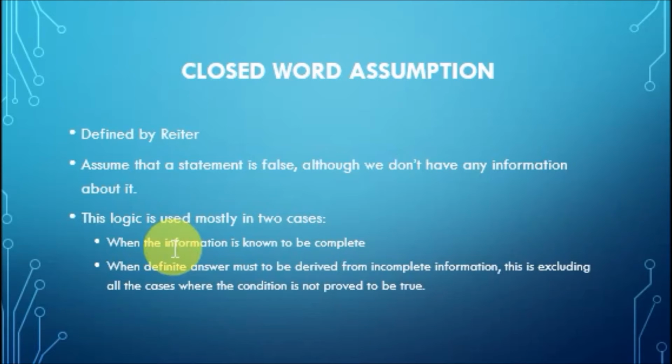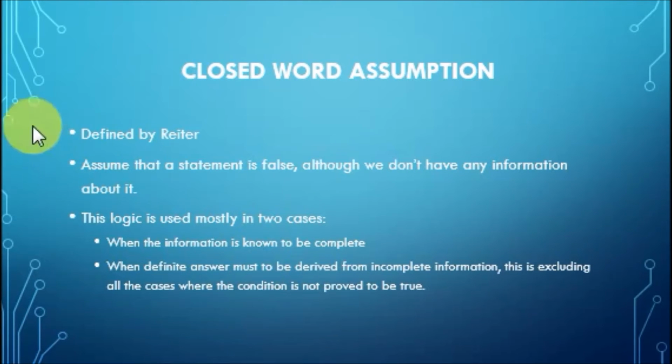This logic is used mostly in two cases: when we have a model where the information is known to be complete, and when the model has incomplete information, but we need to get a correct or definite answer.